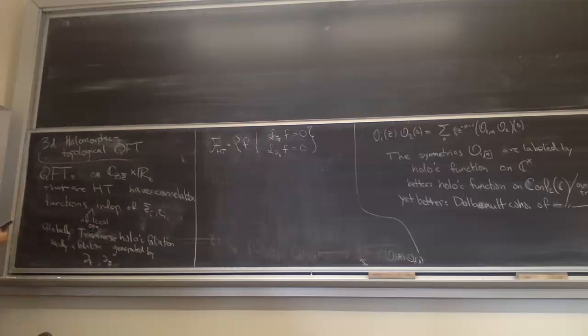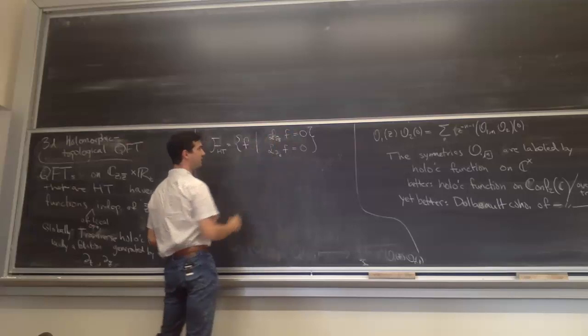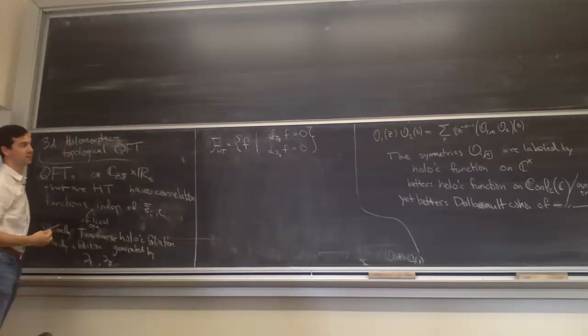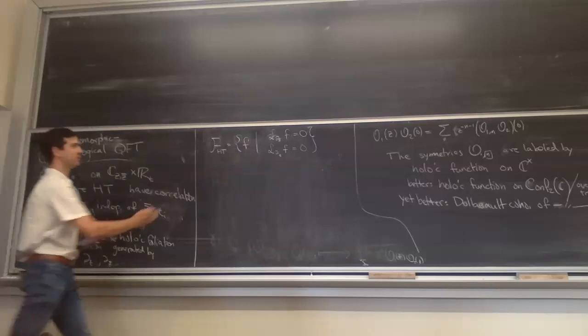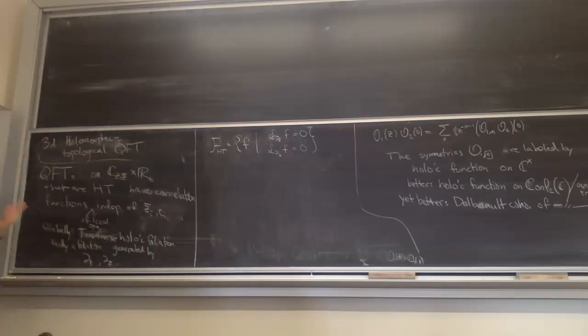So in terms of that involutive sub-bundle of the complexified tangent bundle, you just say for every vector field in that certain sub-bundle, this Lie derivative kills my functions. These are just functions that depend on z and not z bar and t in this sort of flat space limit.